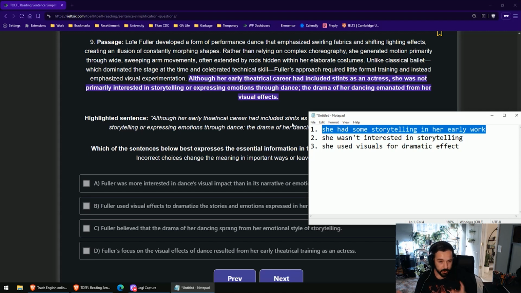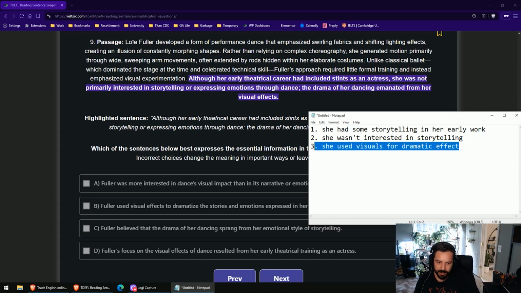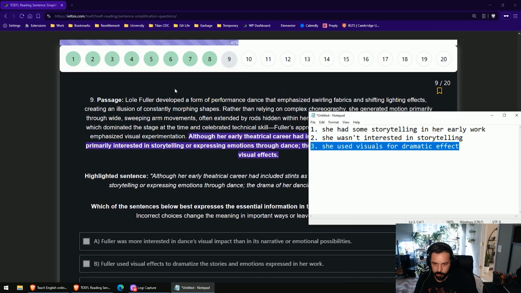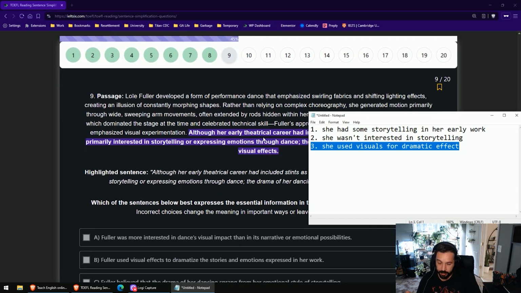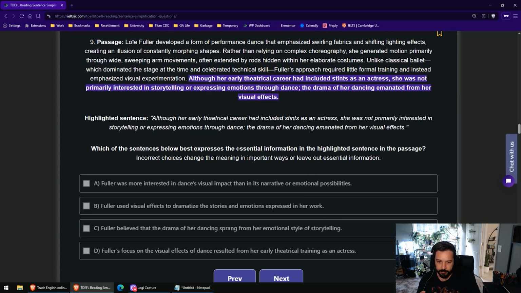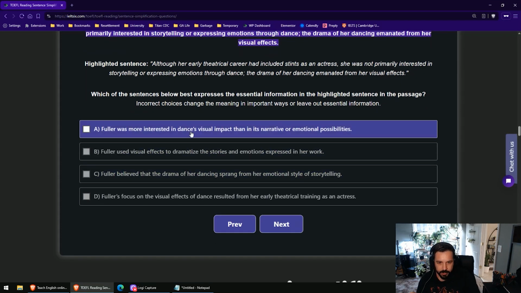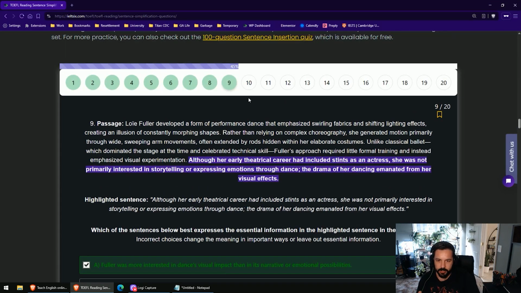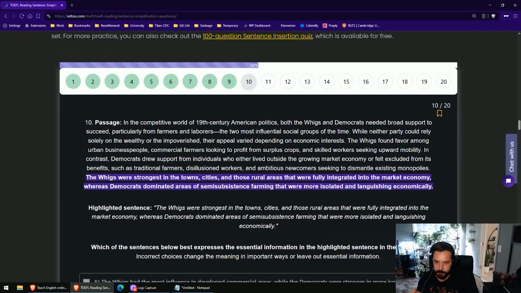But you could assume that, okay, because it was storytelling in her early work and she didn't like it, she decided that she is more interested in visual effects. But that jump in logic is something that you cannot do for highlighted sentence questions. In inference questions, you definitely have to do something like that. I forgot what options I was going for. Was more interested in dance's visual impact than its narrative capabilities.